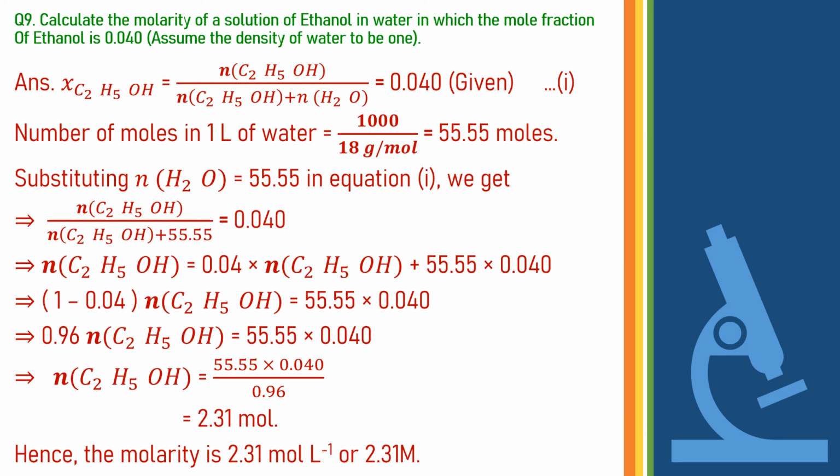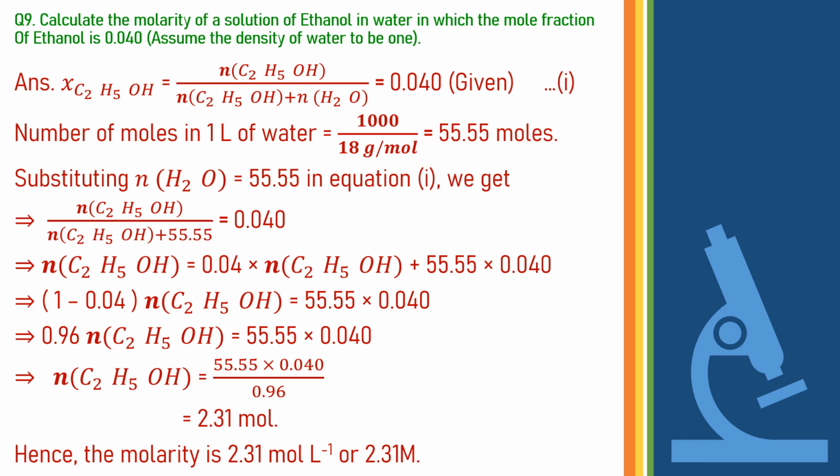That will be equal to the number of moles of ethanol, N C2H5OH, divided by the total number of moles, and here the total number of moles of ethanol and water. This value is given to us, that is 0.040. Let us consider this as the first equation.